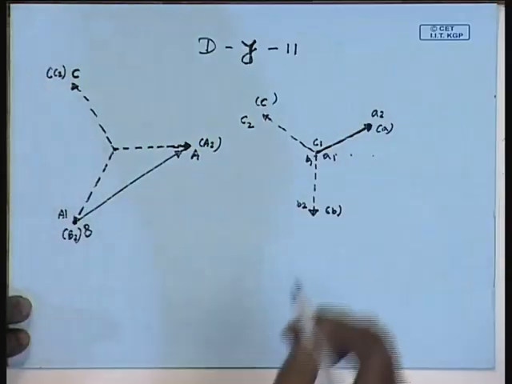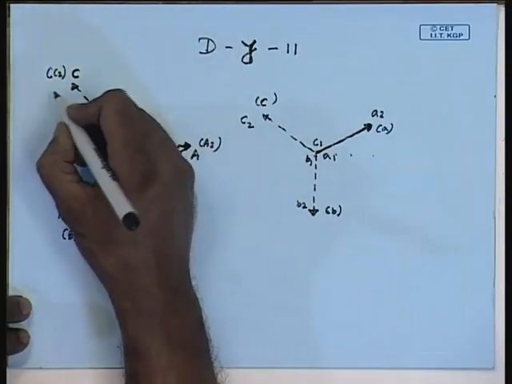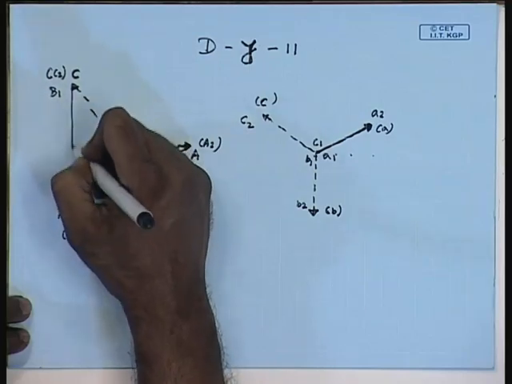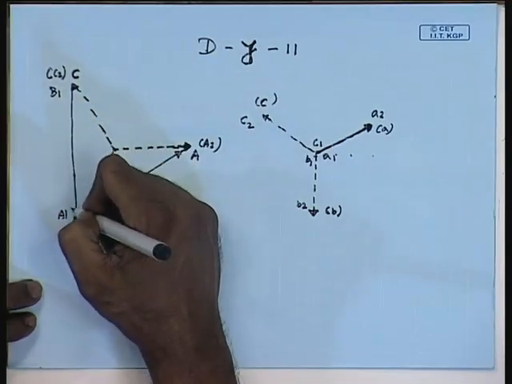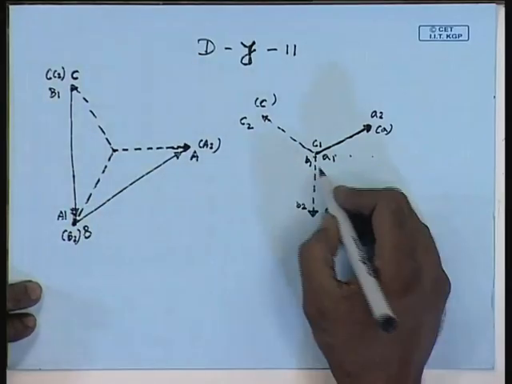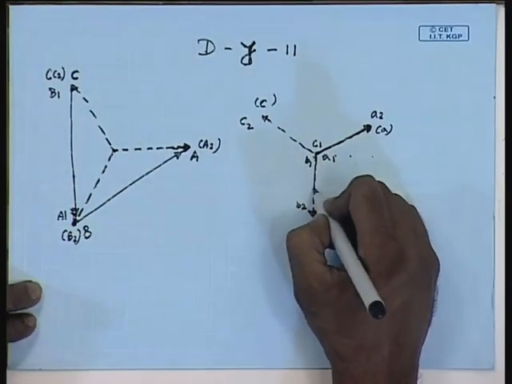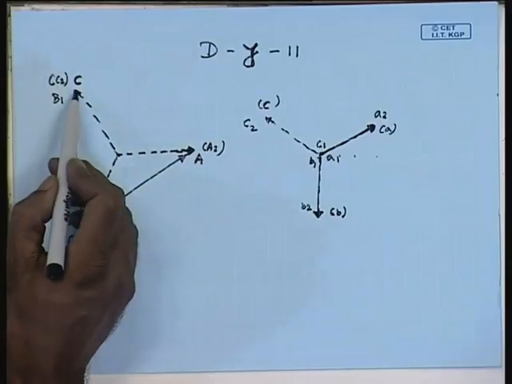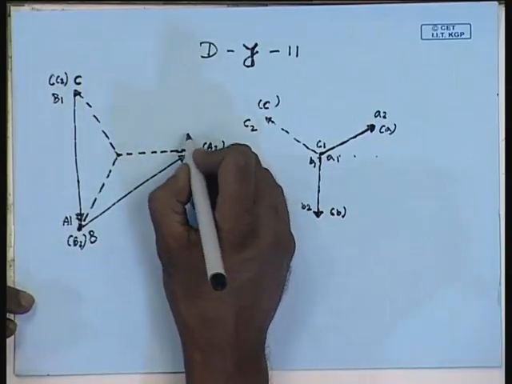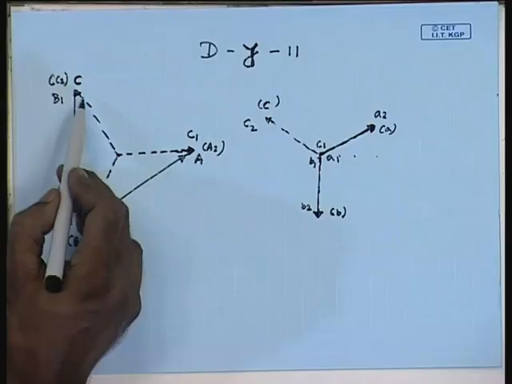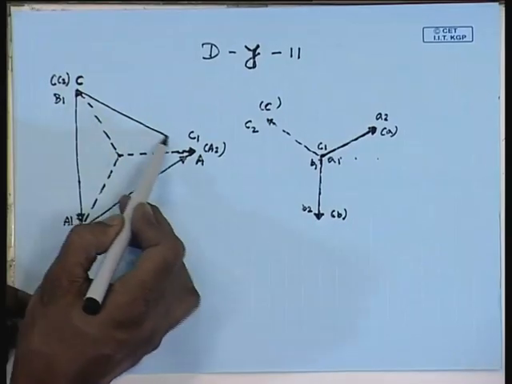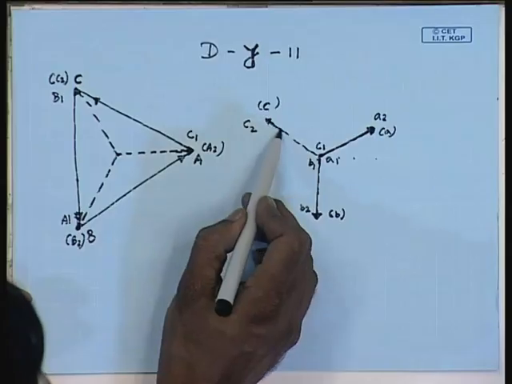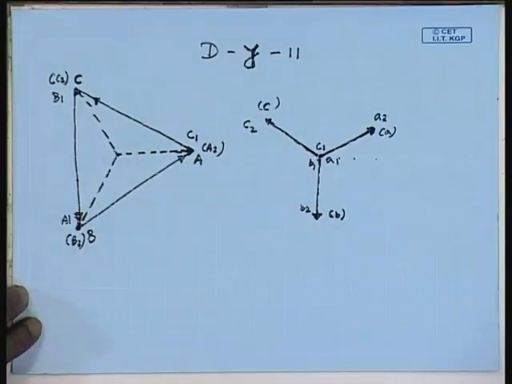Similarly, this should be terminal B1, so that capital B1, B2 is parallel to small b1, b2, and this should be the terminal C1, so that capital C1, C2 voltage phasor is parallel to small c1, c2 voltage phasor.